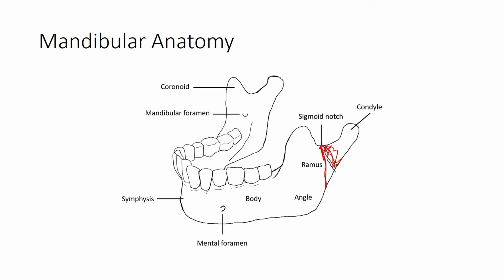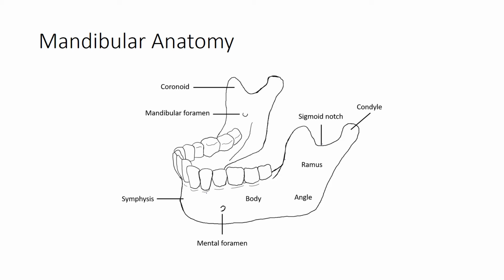And it can extend down here. I mean, if the fracture goes this way, this would still be a subcondylar fracture. That wouldn't be a vertical ramus fracture. It would really have to go from the sigmoid notch all the way pretty much to the angle to call it a vertical ramus fracture. You can also get condylar neck fractures and intracapsular condylar head fractures.